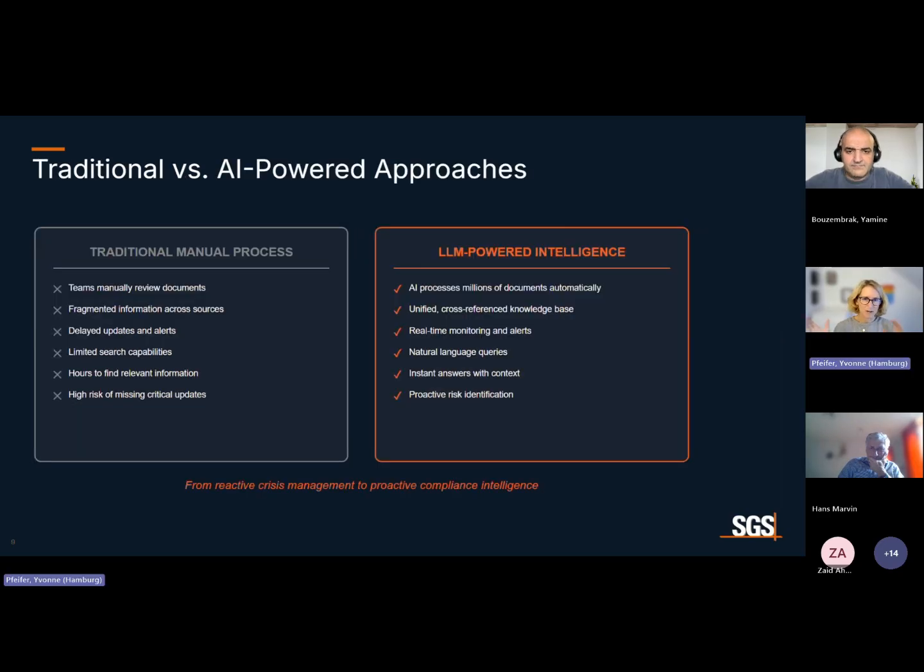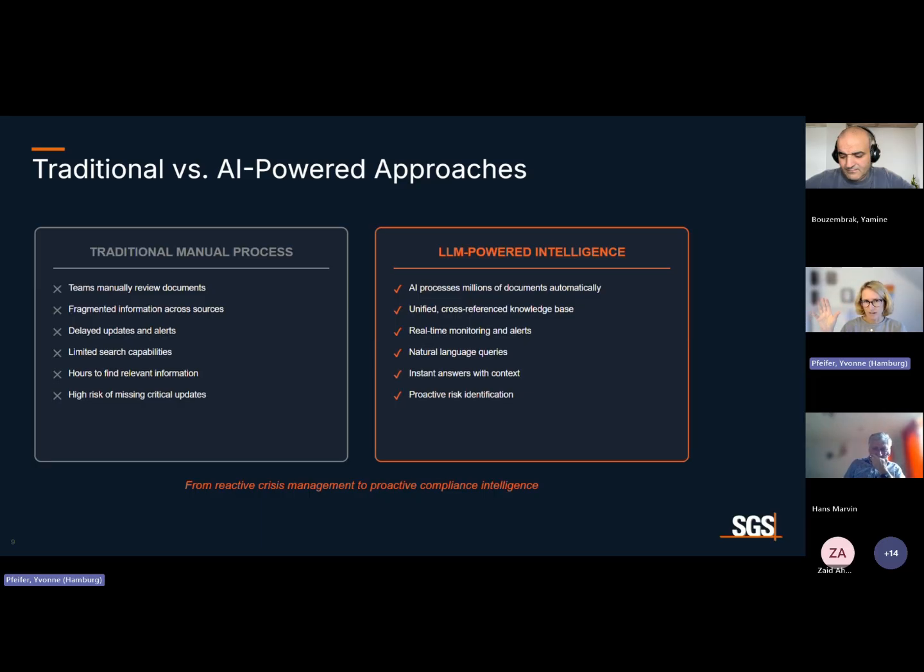Let's compare the traditional approach with the AI approach. In the traditional manual process, we have large teams manually reviewing documents. You have fragmented information across the sources, delayed updates and alerts, limited search capabilities, and hours to find relevant information. And of course, we have a high risk of missing critical updates.